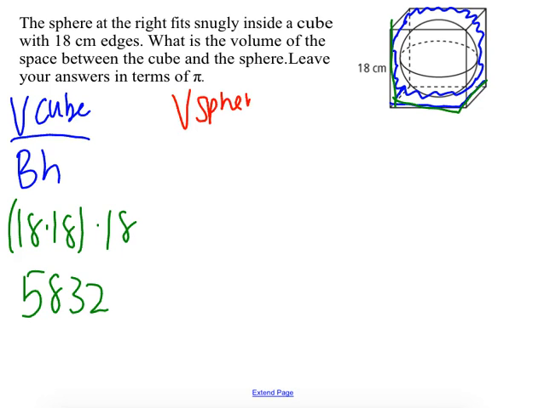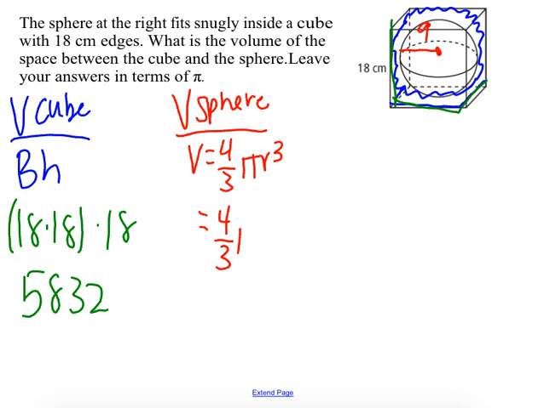Now going to our sphere here, volume of a sphere. That's 4/3 pi r cubed. And, well, we're going to find our radius. Half of that, right? So what's half of 18? 9. Plug it in. 9 cubed. Hold on here, let me catch up.